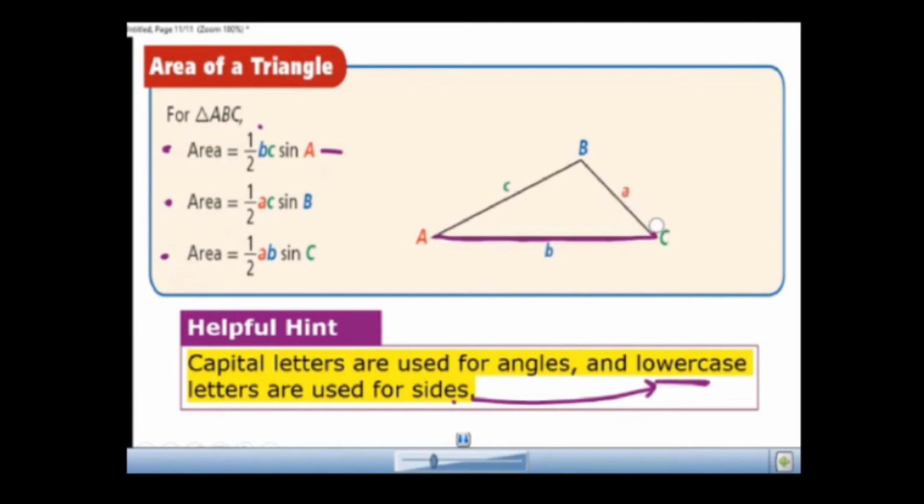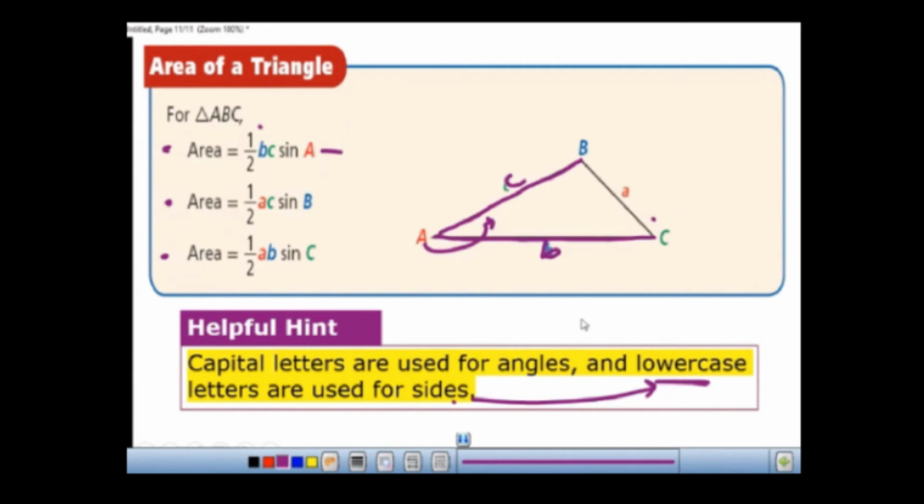This is side C, little c. You're given little b. So obviously the angle between them has to be different than B and C. It will be the angle A in this case. So you have a side, another side, and an angle between them. Basically, that's what we're doing.